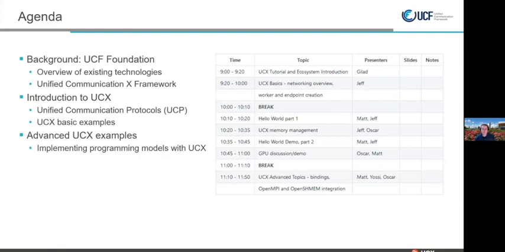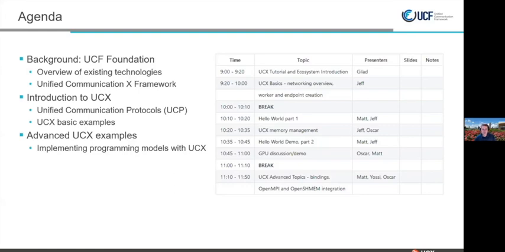We'll go over a little more motivation of how we got to this point of creating the UCX framework. We'll talk specifically about one piece of it, which is called UCP, and then we'll go into a few demos. At least two of these demos are in the repo that I pointed to. You can technically pull those now and run them. There is one that we didn't totally finish, the Python binding one, which should be updated in the near future.